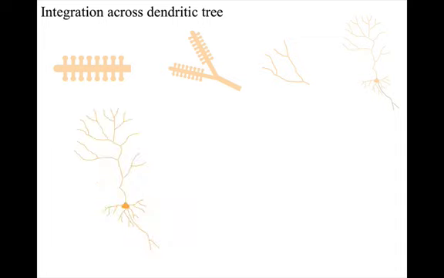Any dendrite could contribute. Perhaps if one dendrite doesn't have a combination of inputs sufficient to reach the soma, other dendrites, or perhaps even a combination of dendrites, could trigger an output action potential.